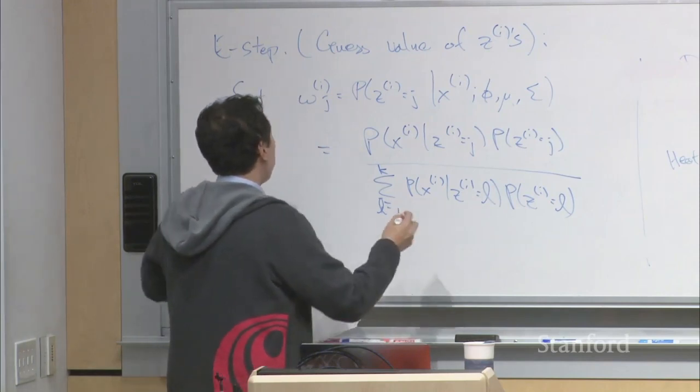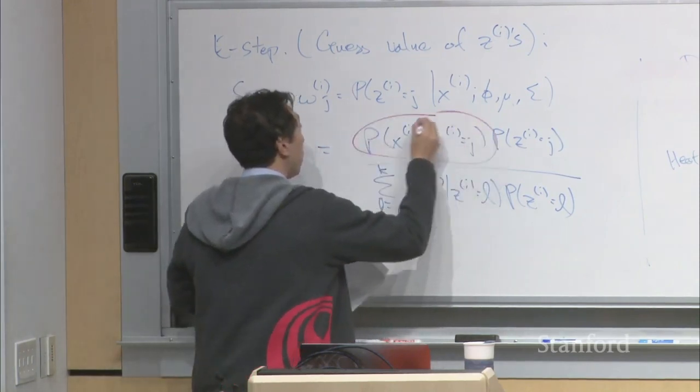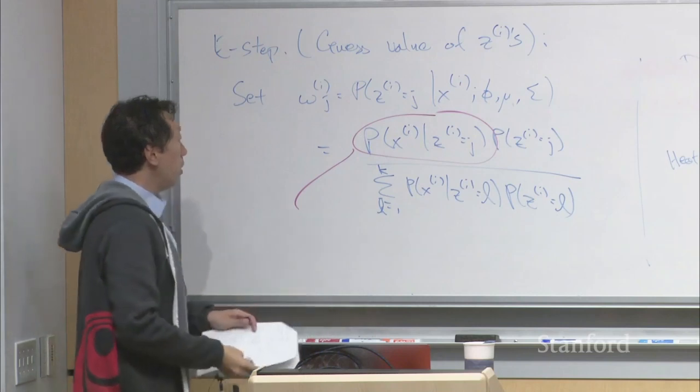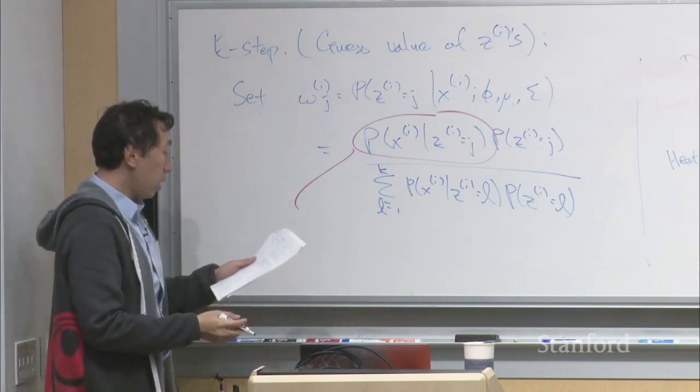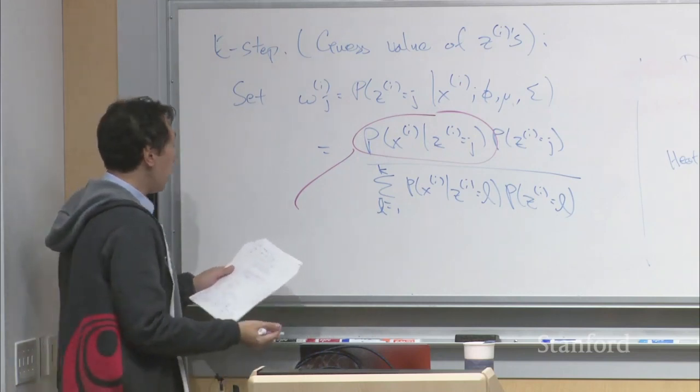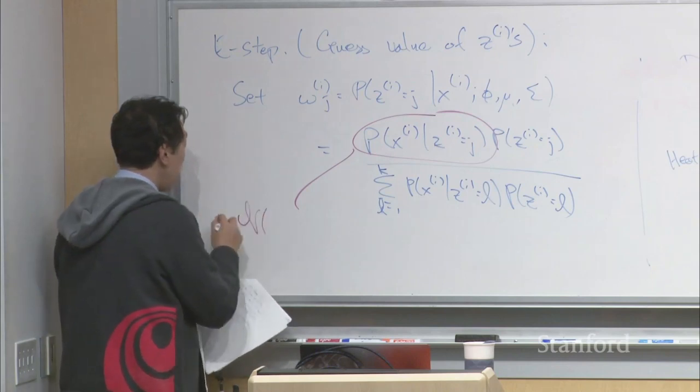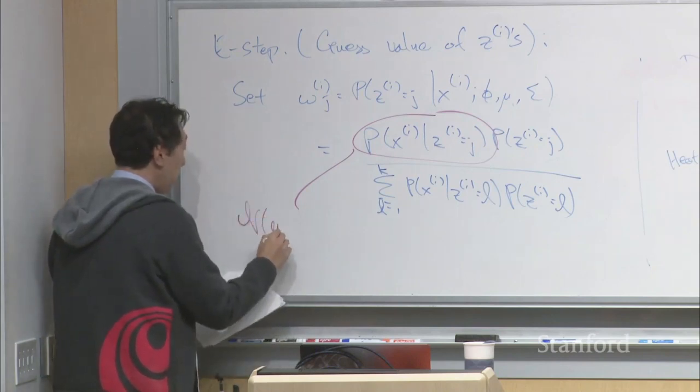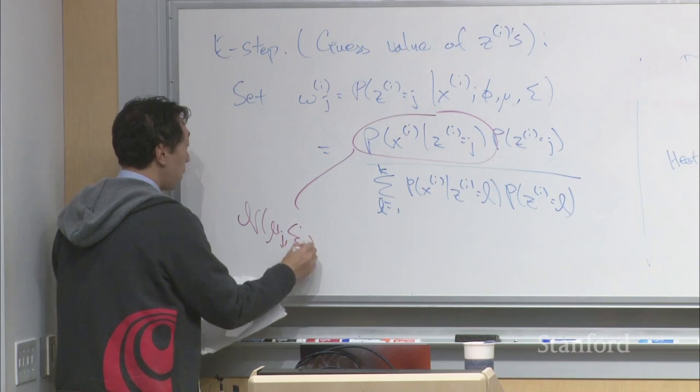Where, for example, this term here, P of x_i given z_i equals j, this would be a Gaussian density, right? This comes from a Gaussian density with mean mu_j and covariance sigma_j.